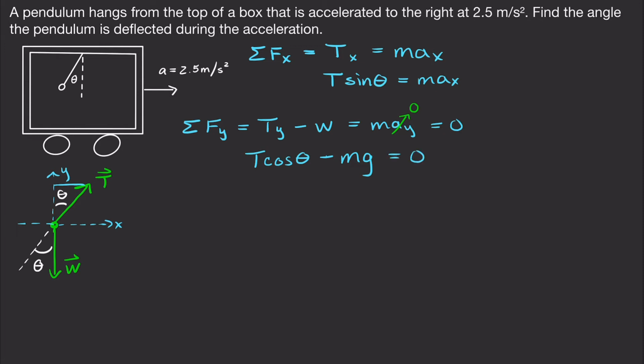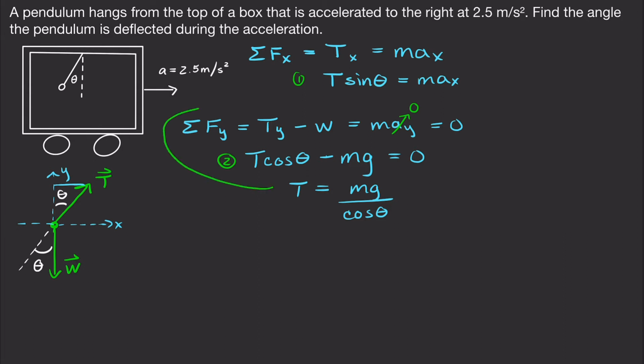Okay, so now I have two equations with tension in it. So I want to solve for one of those and then substitute it into the other. So if I solve this second equation for tension, I'm going to move mg over and then divide by cosine of theta to get tension by itself.